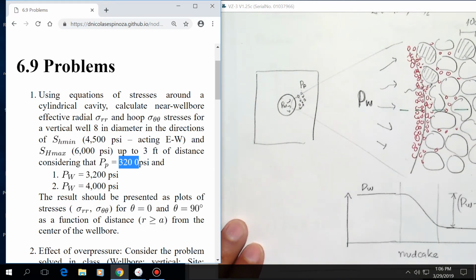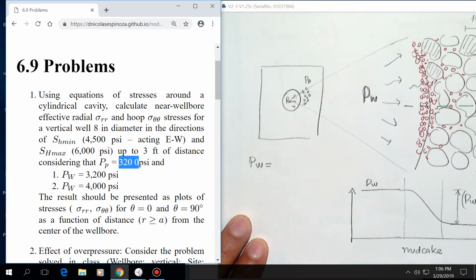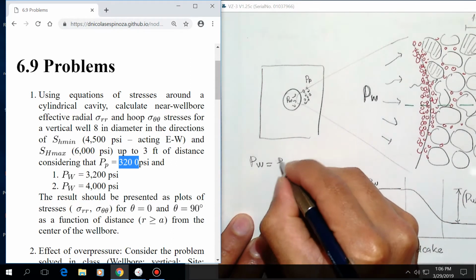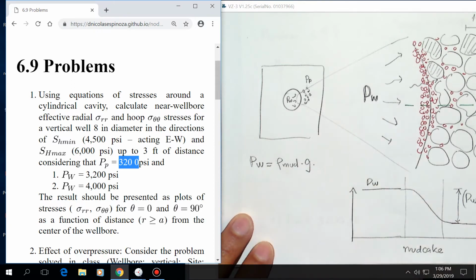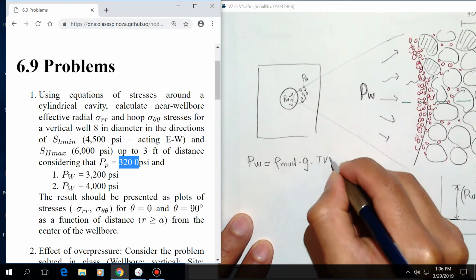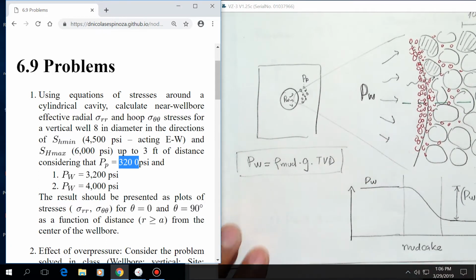With a mud weight, right? And the pressure in the wellbore basically is going to be the density of the mud times gravity times true vertical depth. And this is inside the wellbore. Inside the wellbore, you're going to have a hydrostatic head that connects the top of the wellbore to the bottom.